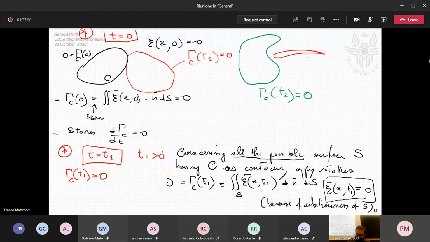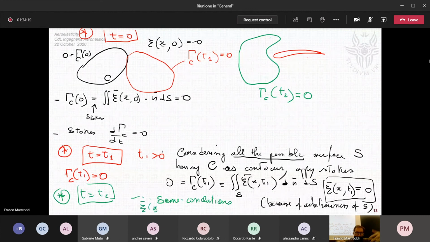Remember also that we started, this is the point t equal t2, same conclusion. The same conclusion is that zeta, in any point spanned by the surface, at T2 is equal to 0.